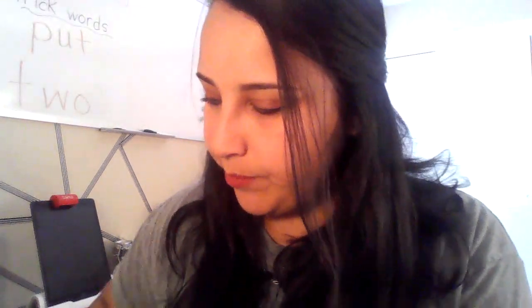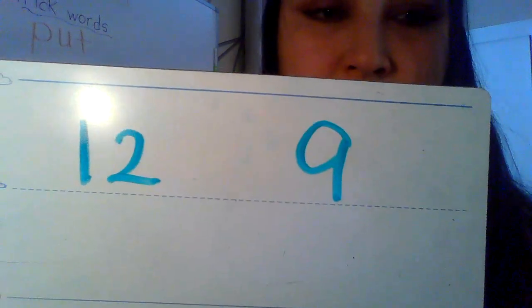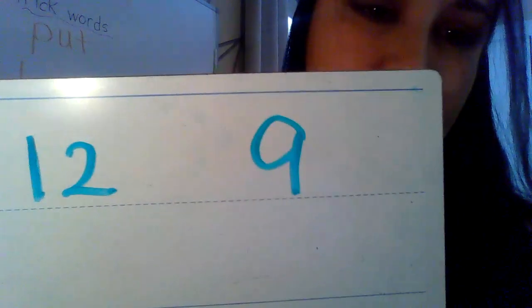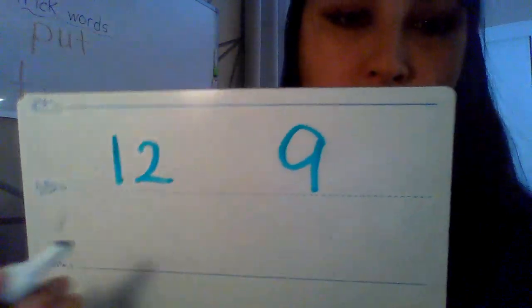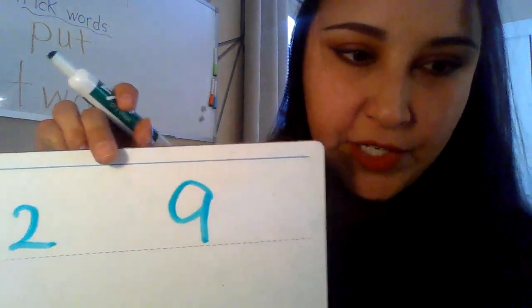Also, you're going to have 2 numbers, like this. And it's going to say which number is bigger and which number is smaller. You have to pick the right one. If you don't remember, guys, please remember that you can make a picture.